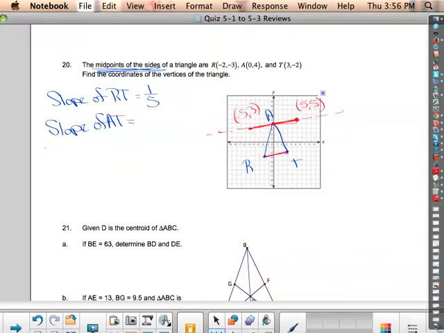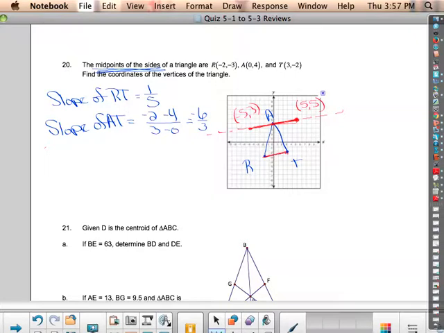So the slope of AT is negative, better do this one. -2 - 4 over 3 - 0 gives me -6/3. So the slope of that is -6/3.